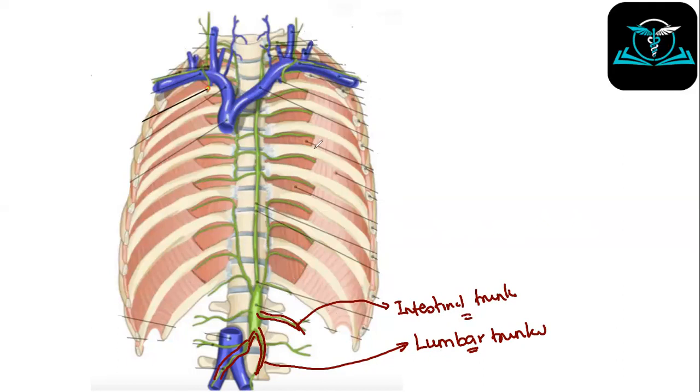Let me look for the other trunks. So here, if you watch this trunk very carefully, coming from the head, this is the jugular trunk. Then this here, which runs with the subclavian vein, okay? As you can see, this green thing here, this is the subclavian trunk.